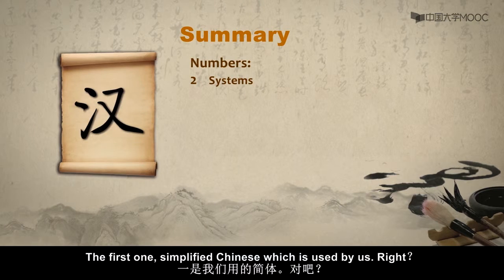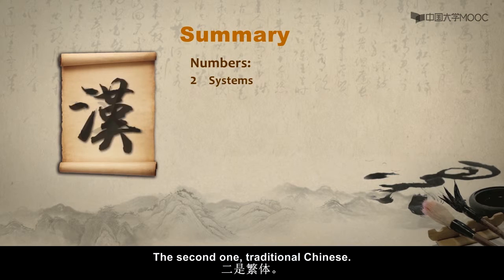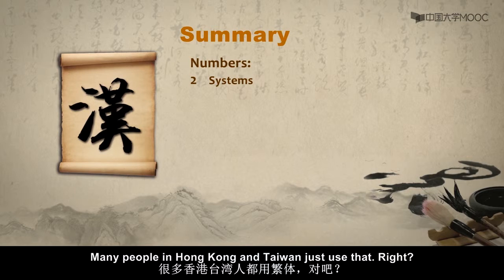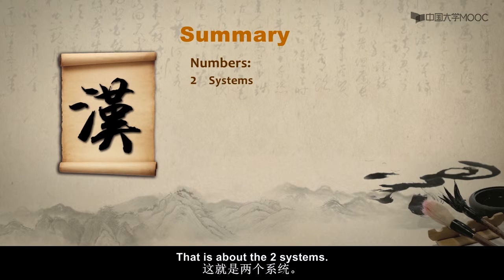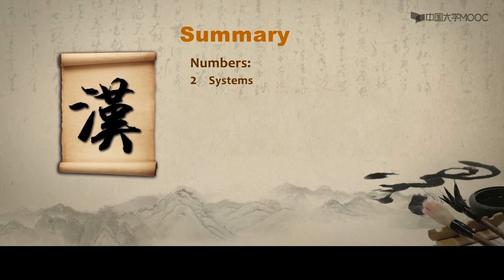The first one, simplified Chinese, which is used by us, right? The second one, traditional Chinese. Many people in Hong Kong and Taiwan just use that, right? That is about the 2 systems.